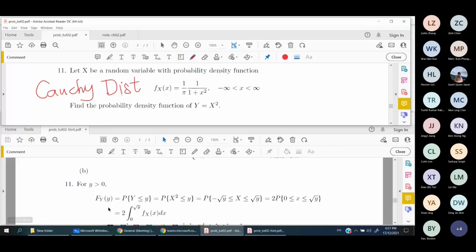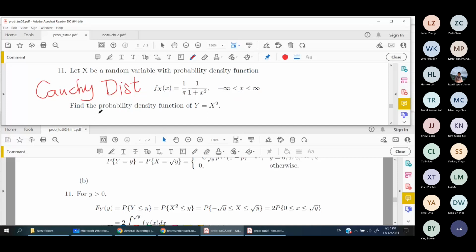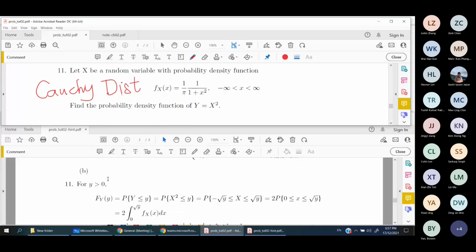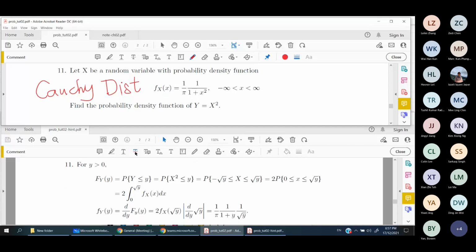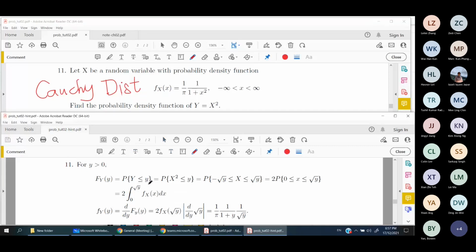Next, we want to find the probability density function. What we can do is identify the distribution function first. So F_Y will be this. I think the first line is just the definition.